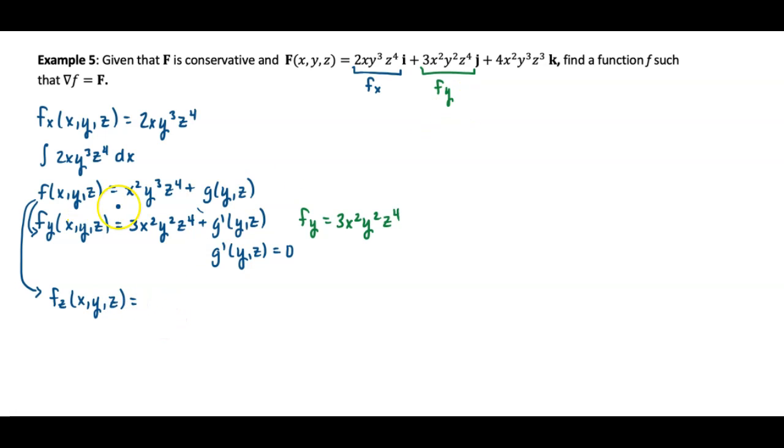The partial with respect to z, treating x and y as constants, is going to be 4x squared y cubed z cubed plus my final constant. And because we've dealt with the y, we're just left with a potential constant with respect to z, and so I'm going to call that h of z. Rather, h prime of z because this is the partial derivative.